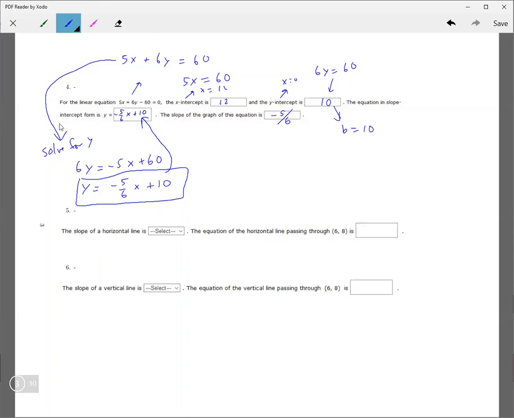Okay, so number 5, the slope of a horizontal line is 0. So if you have a horizontal line that goes through this point, then it's going to be y equals the y coordinate, which is 8. The slope of a vertical line is undefined.